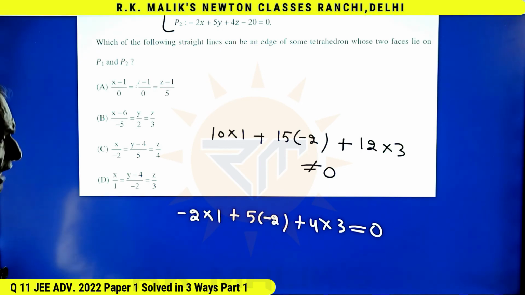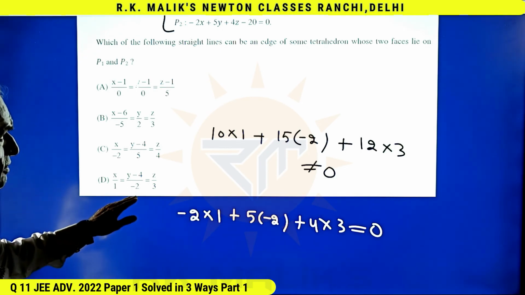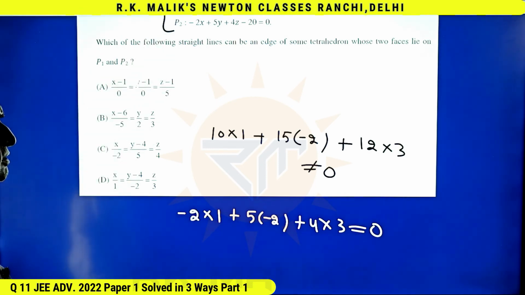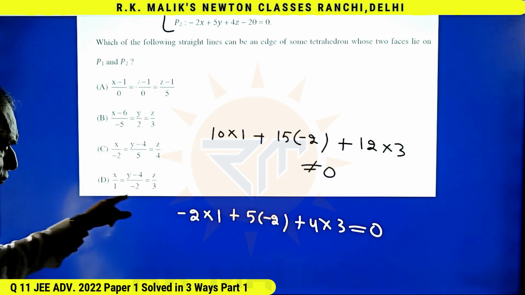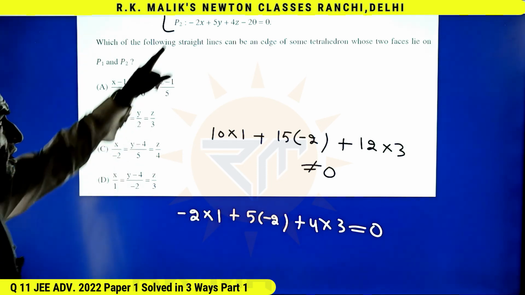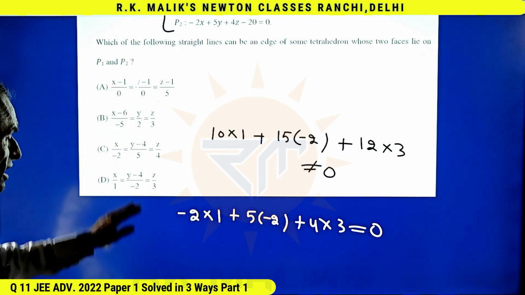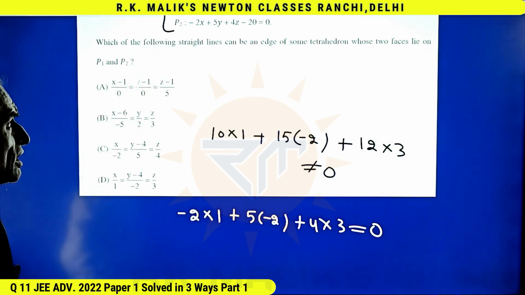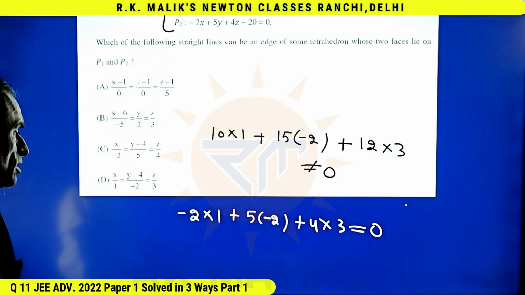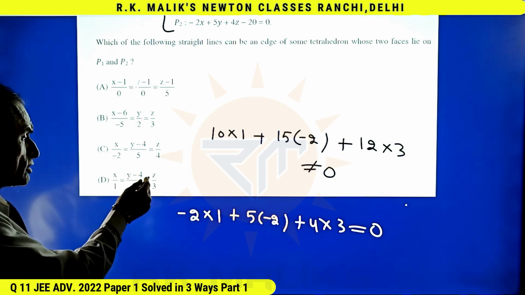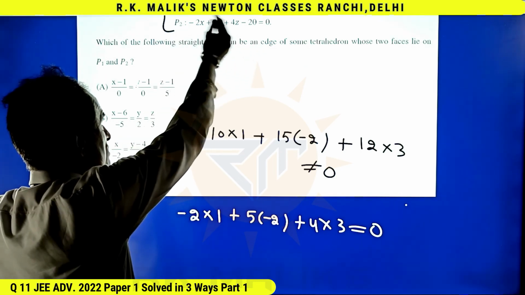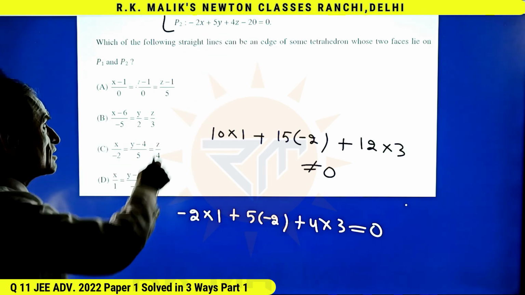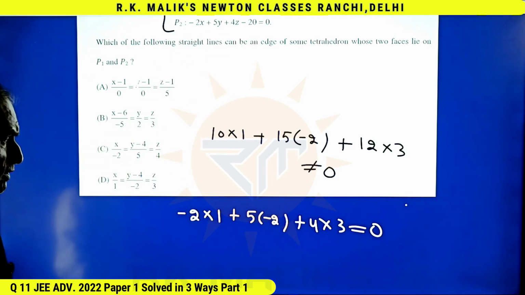Therefore, this can become the edge if the line completely lies in the plane P2. In this case, even if one point of this line lies in the plane P2, then this line will completely lie in the plane P2. Clearly 0, 4, 0 is a point on this line, and 0, 4, 0 clearly satisfies this. Therefore, this line completely lies in the plane P2.